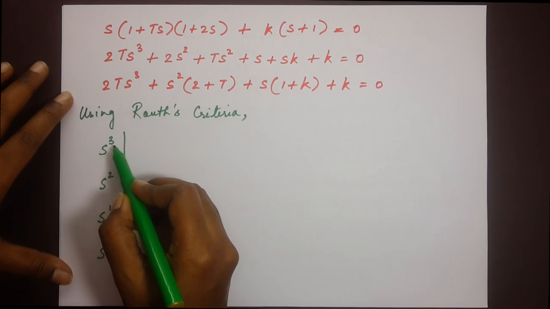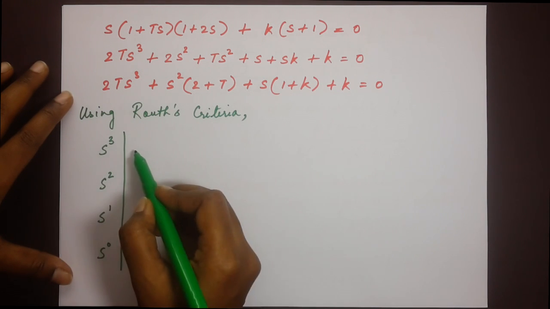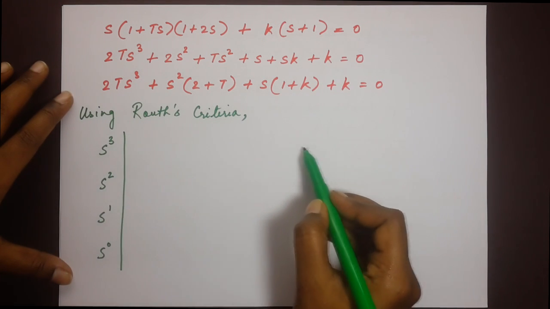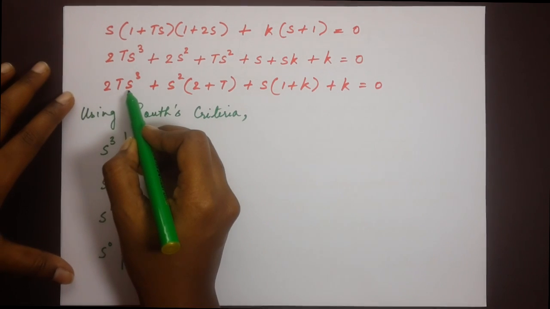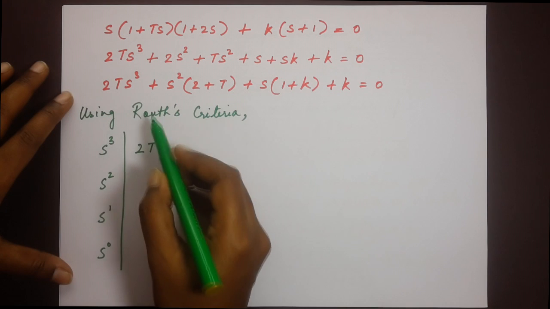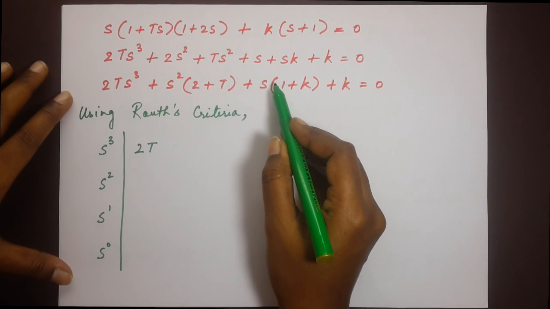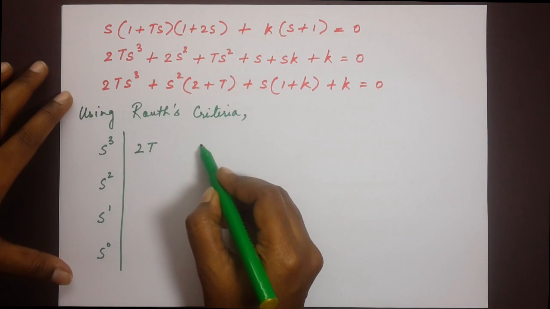So we have s cube here. Now s cube, 3 is an odd number, so we write down the coefficients of the odd terms here. So the coefficient of s cube is 2T. Then next the coefficient of s, because this is s power 1 and that's an odd number, so that would be 1 + K.